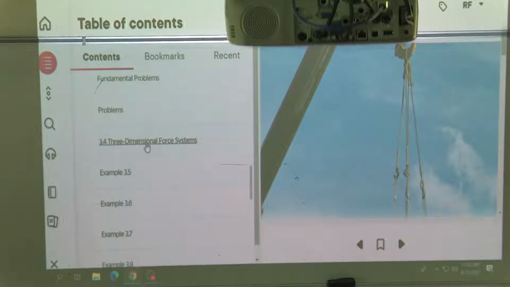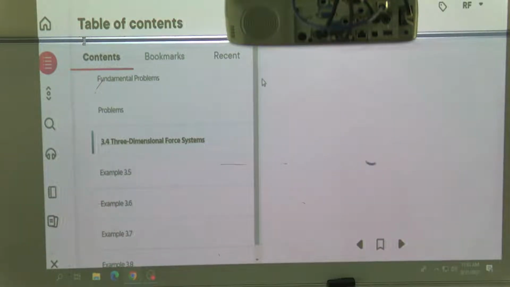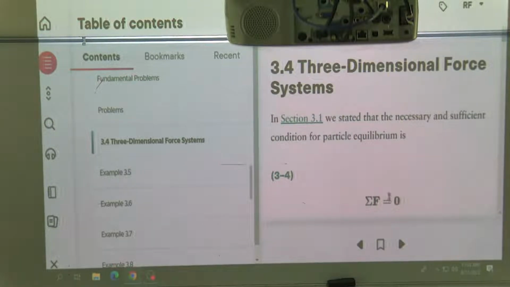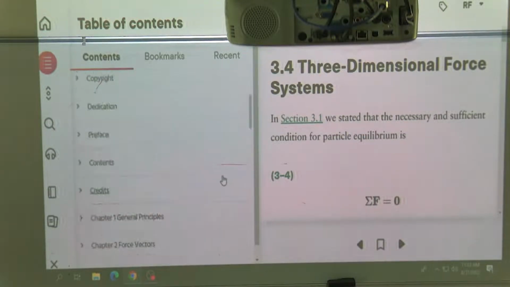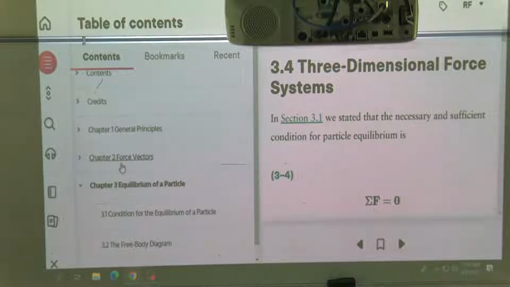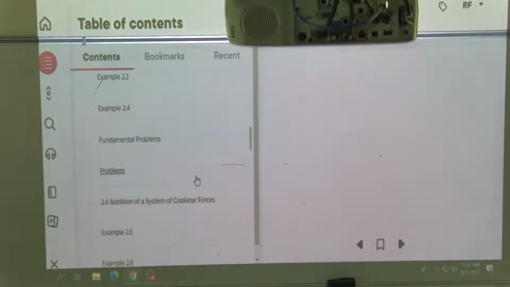Okay, so I'm trying to. Oop. So, oh, here we go. Let's see.